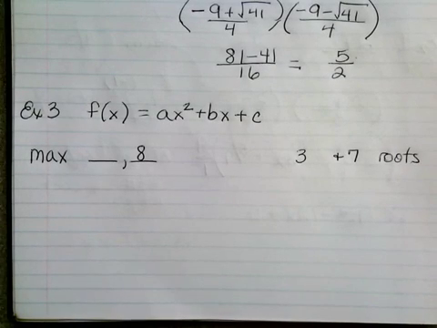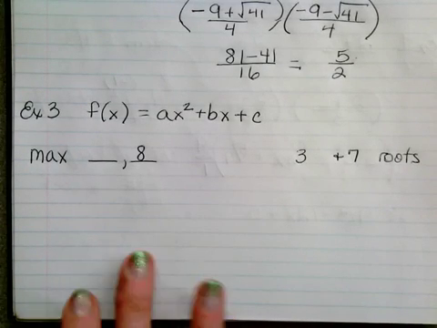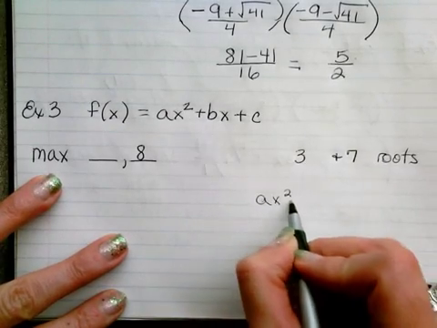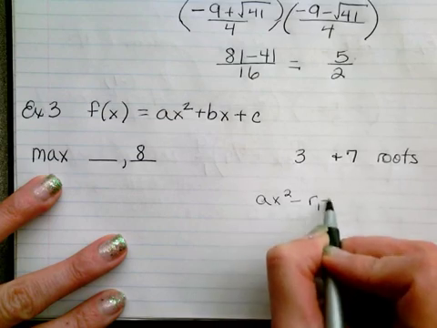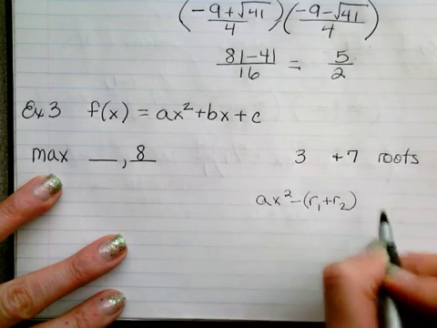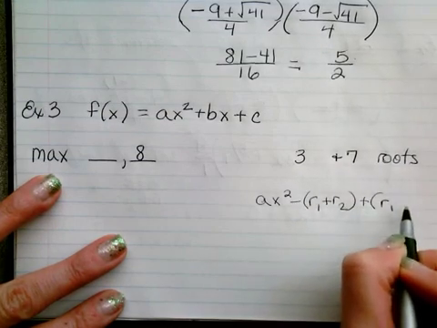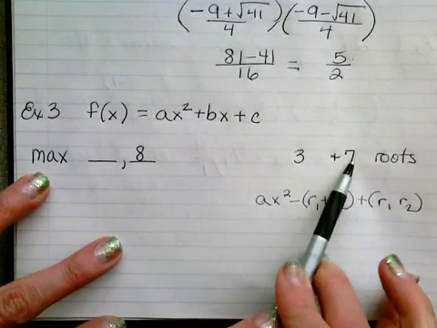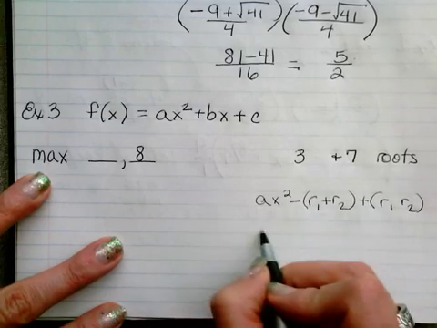Those are the roots. So using that little trick that they gave you, ax squared minus the sum of the roots plus the product of the roots, I can take this information, 3 and 7 combines to give me a 10.